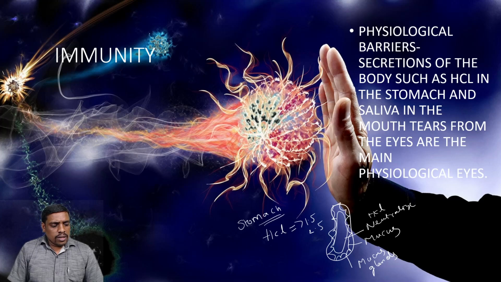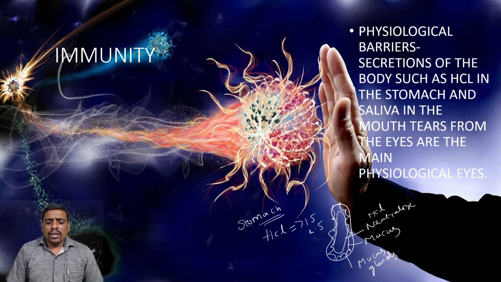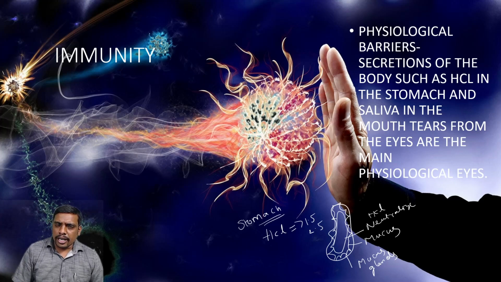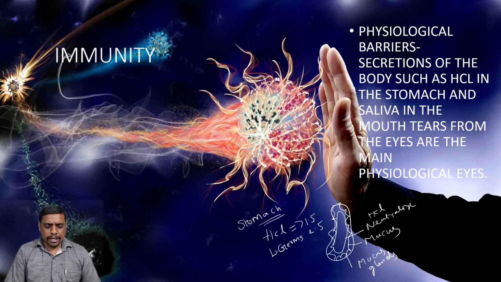Now, the stomach contains this highly concentrated HCl, which can act as a physiological barrier that can prevent entry of germs. What I'm trying to say is, the stomach HCl can kill all kinds of germs present in the food or inhaled food items.